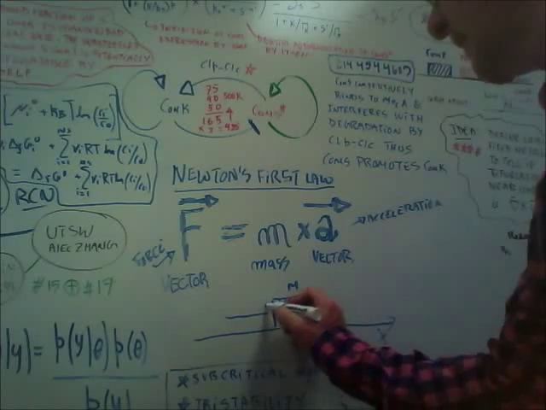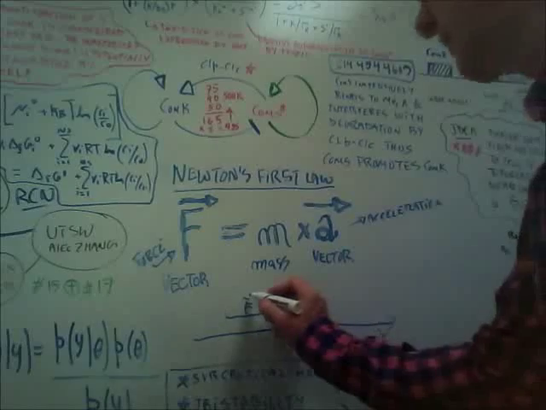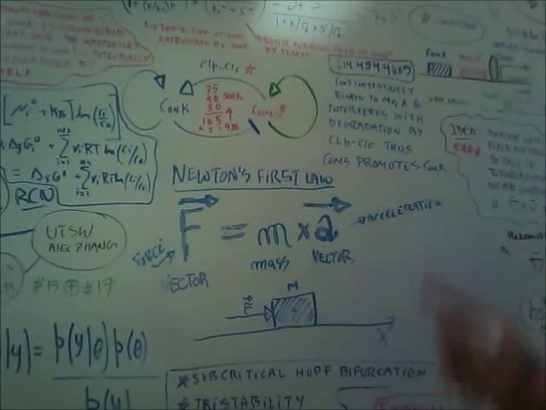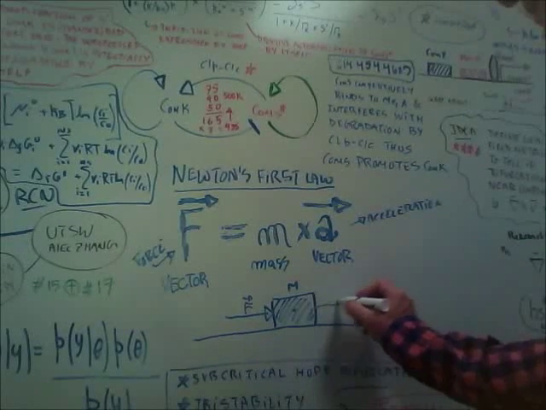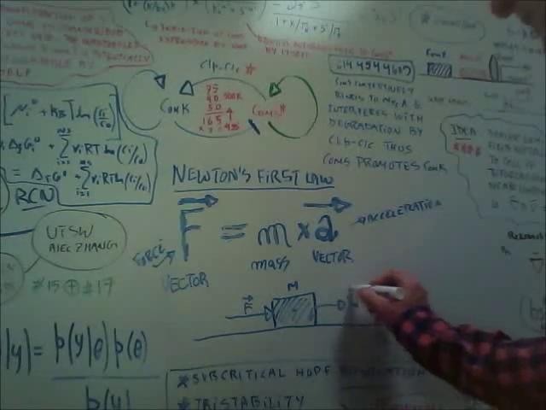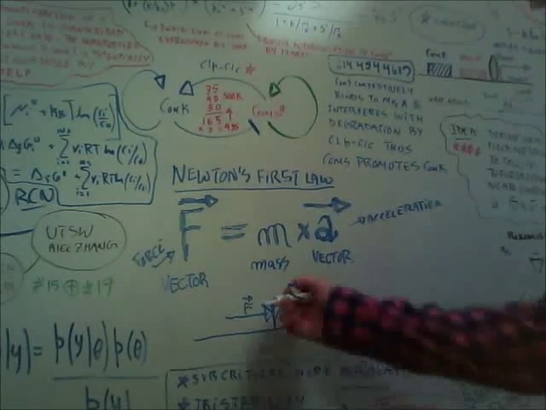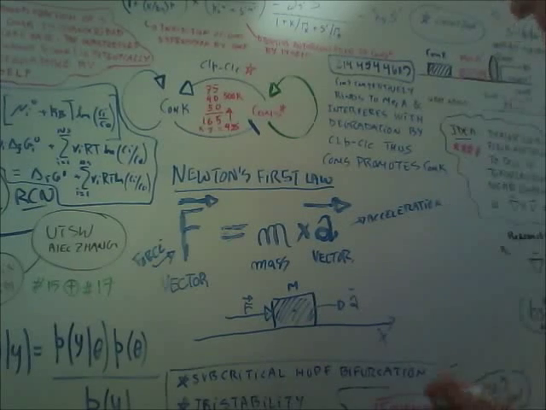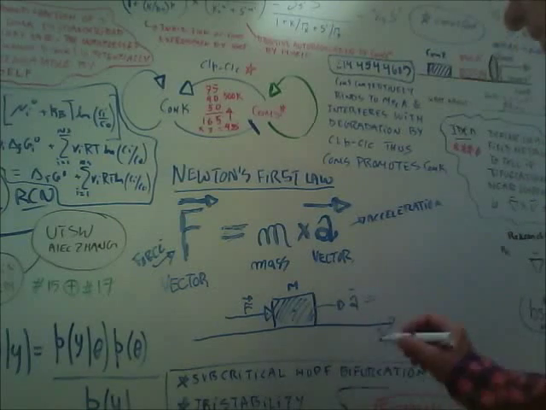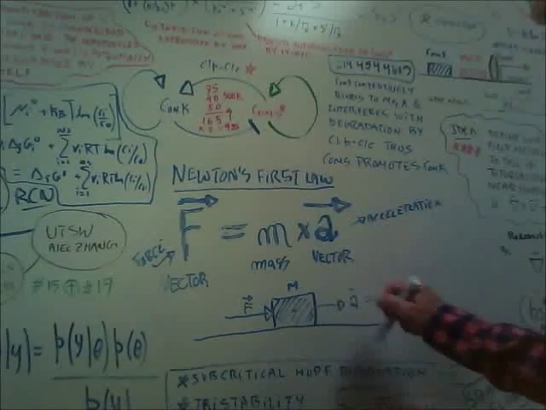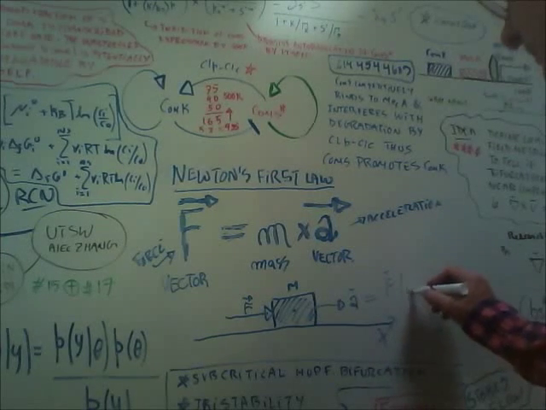If a force F is applied along the direction of x, then it will cause the object to accelerate along the direction of x, or along the direction of the force, that is to say. It's such that the acceleration that will be caused will be given by the force divided by the mass of the object.